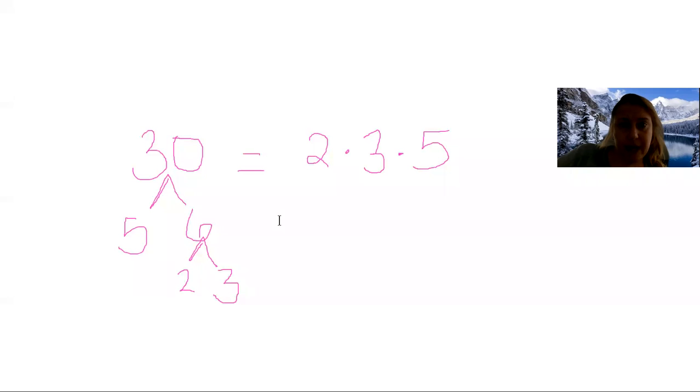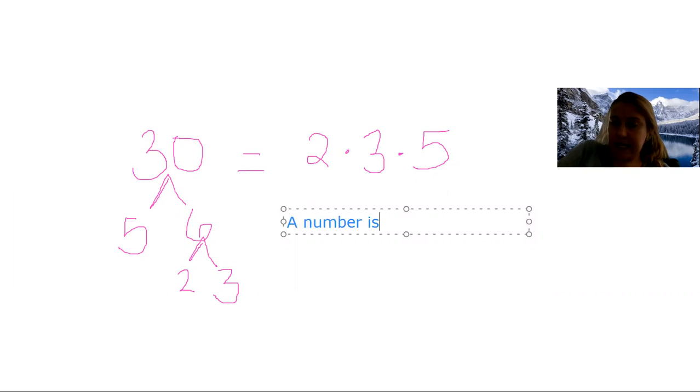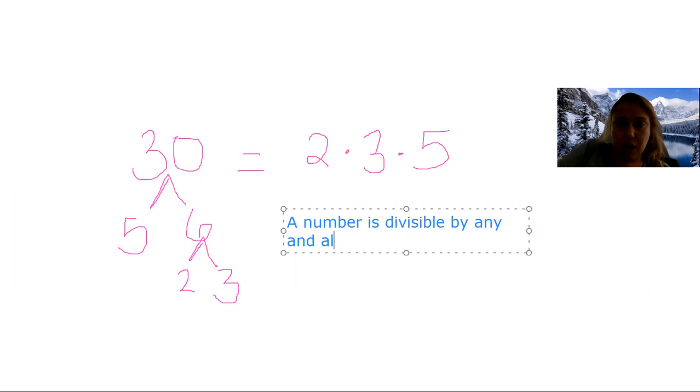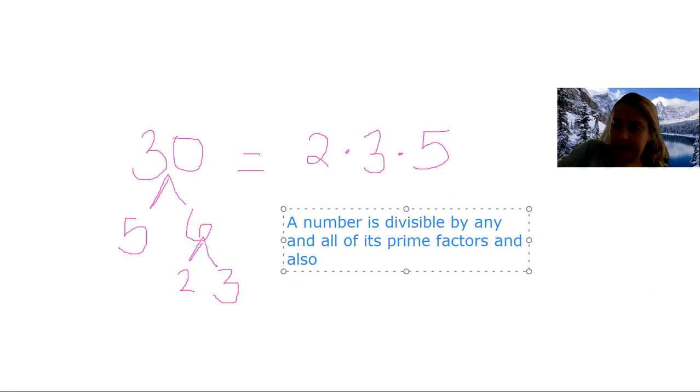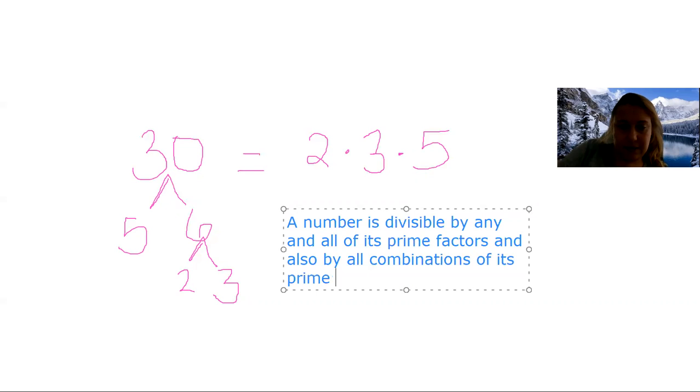Let me open a text box and state that a number is divisible by any and all of its prime factors, and also by all combinations of its prime factors.